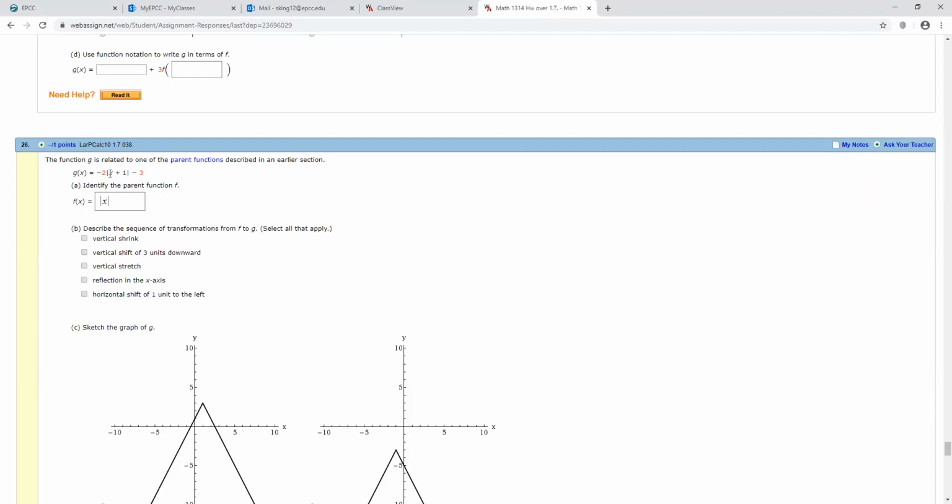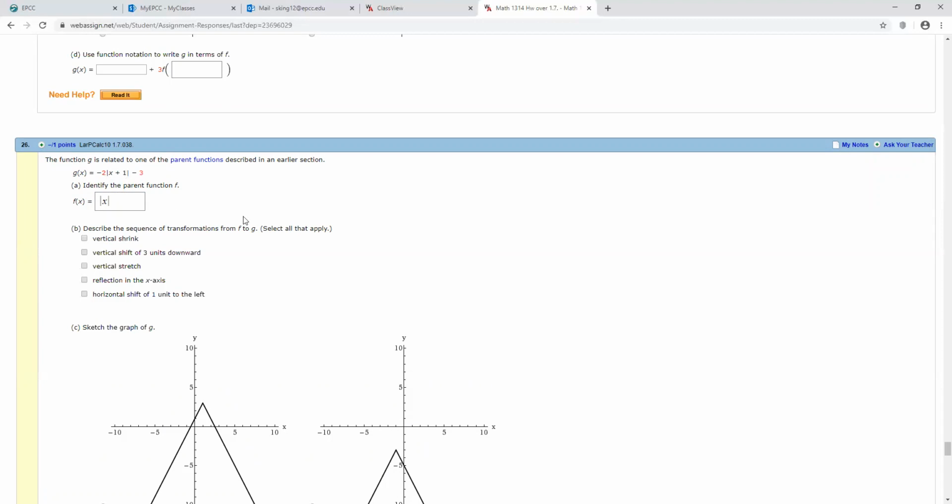So this means the parent function is going to be moved. We start on the innermost part, inside the absolute value parent function. There's only one change inside here, one transformation, and it's the +1, which is a shift, a translation, and it's a horizontal one.